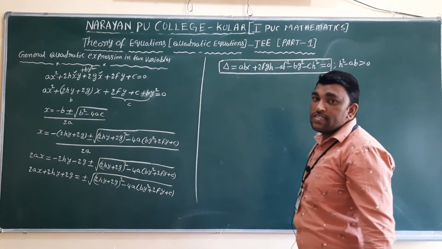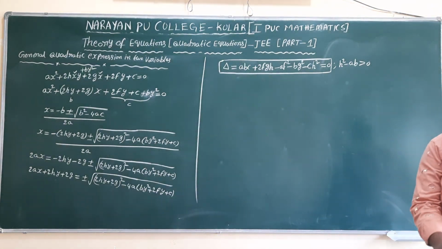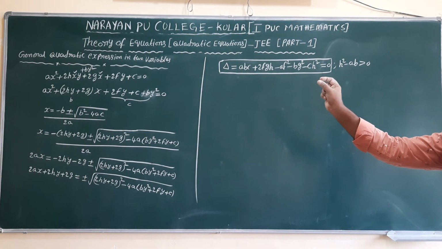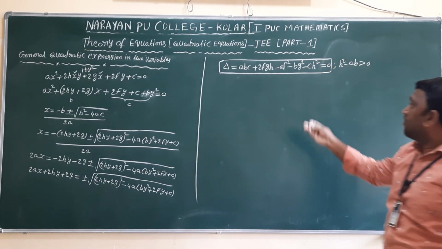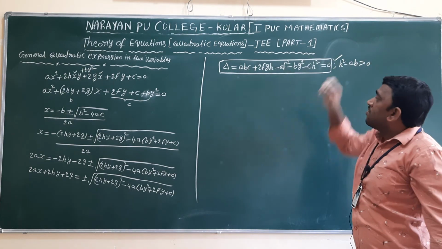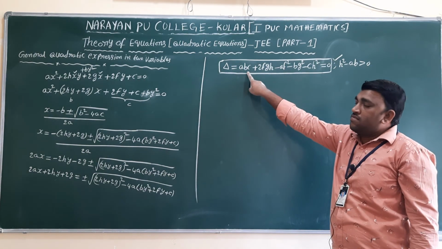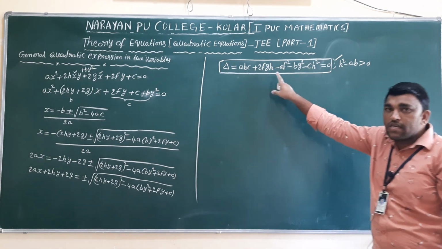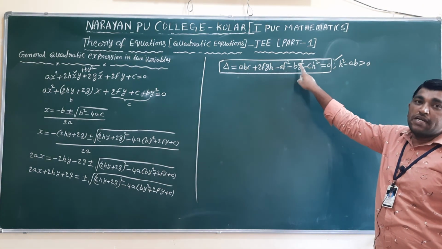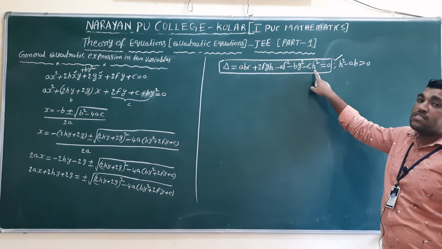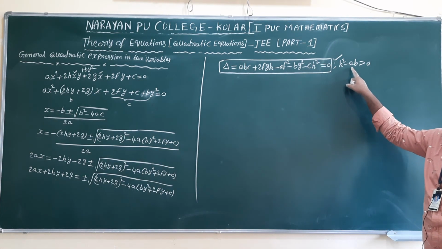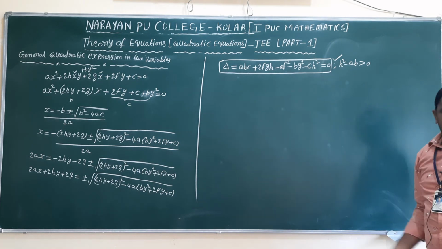This is the condition for discriminant equal to 0 in quadratic expressions in two variables. You can remember this one: abc plus 2fgh minus af square minus bg square minus ch square equal to 0, along with h square minus ab greater than 0.